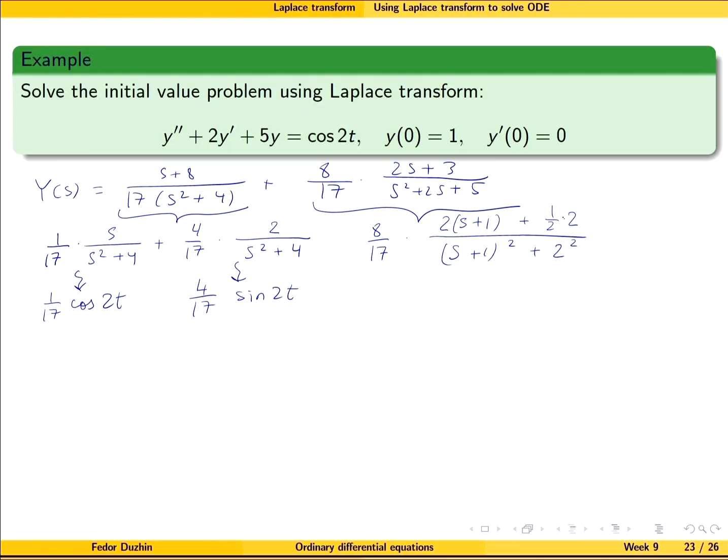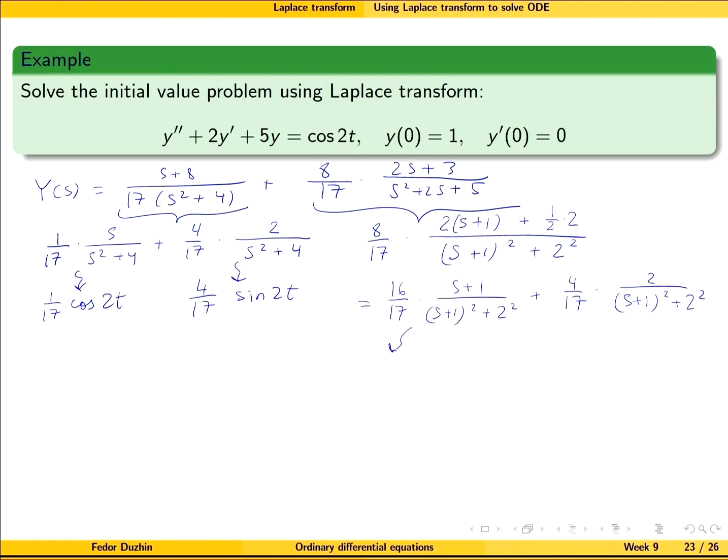So now my second term can be rewritten as 8 times 2 is 16 over 17 times (s plus 1) over (s plus 1 squared plus 2 squared), plus 4 over 17 times 2 over (s plus 1 squared plus 2 squared).